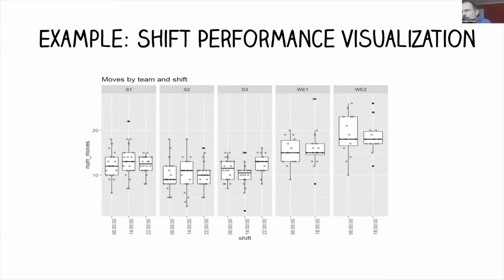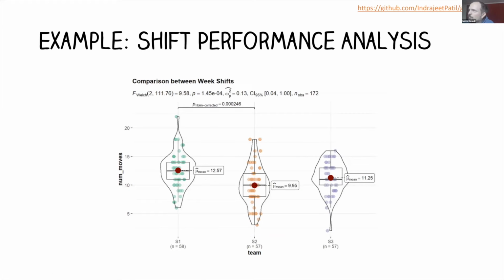So these are some examples of different angles where we look into the data. But clearly, as I pointed out, just doing data visualization is not sufficient. That's why we also rely on a more statistical type of analysis to understand whether there are actually significant differences which we may want to consider when modeling a process. It's the same data as before, but here we just look at the S1, S2, and S3 teams.